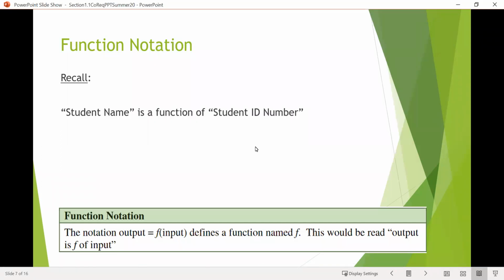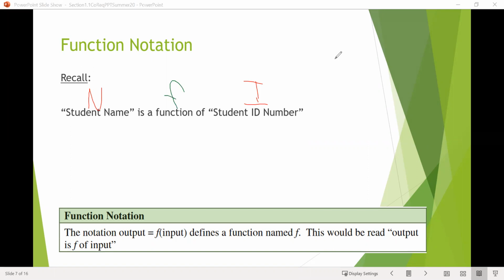Before we jump into some new stuff about functions, I just want to review really quickly the ideas behind function notation. We had this example where student name was a function of student ID number, so we had the variable n to represent student name, I to represent student ID number, and the variable f to represent the function.